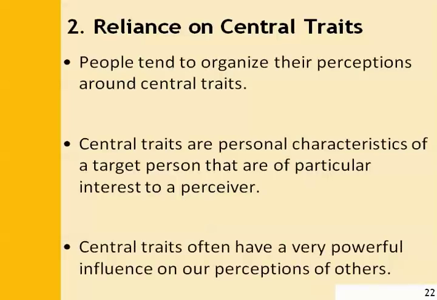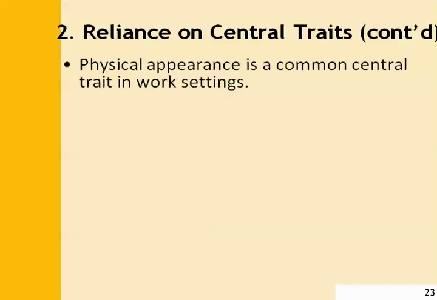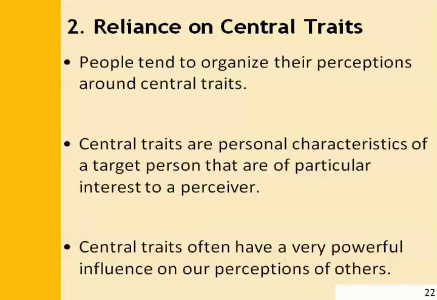Central traits often have a very powerful influence on our perceptions of others. Unfortunately, these central traits, on which we base our perception of the target person, have a very strong effect on our perception of the target. Here, what are examples of personal characteristics we might judge people by?